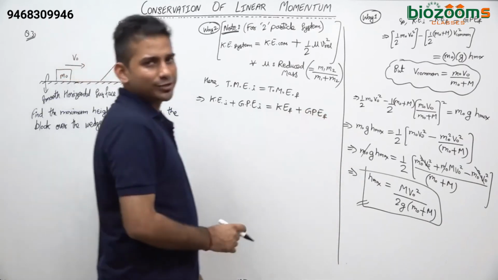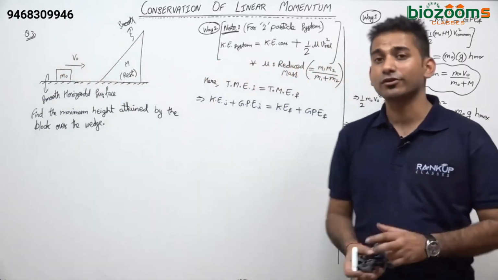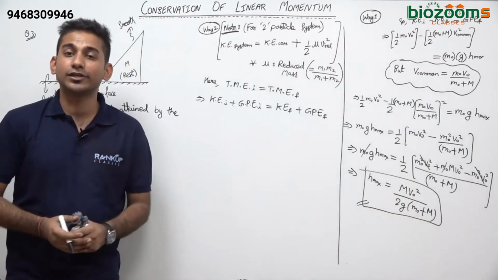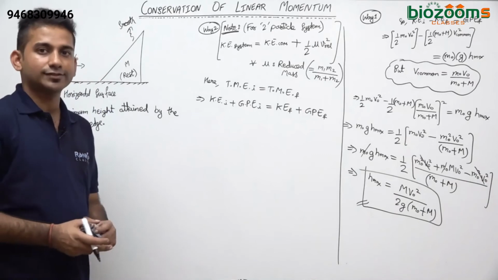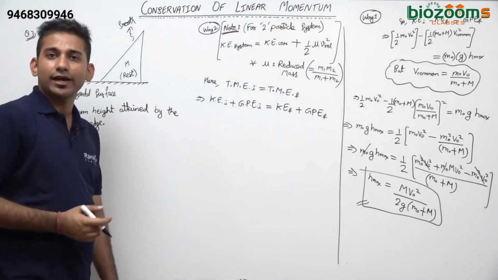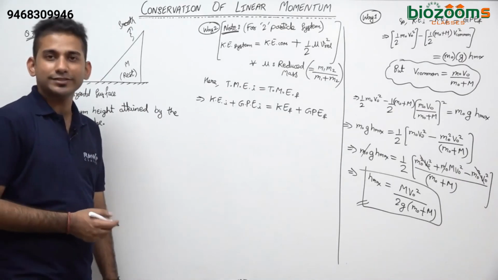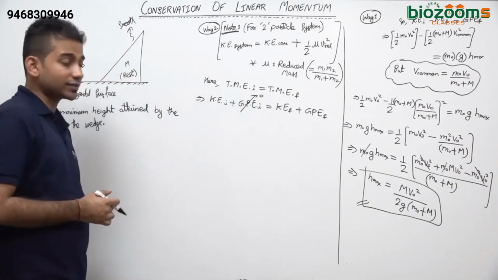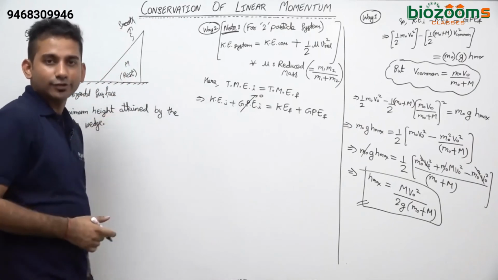Mind it, potential energy is a relative term. So for writing the expressions of any kind of potential energy, we need a reference, right? So let us consider the reference to be the ground, and let us say that at the ground the gravitational potential energy is 0. So what is the value of GP initial? 0, since both the block and the wedge were at ground only.